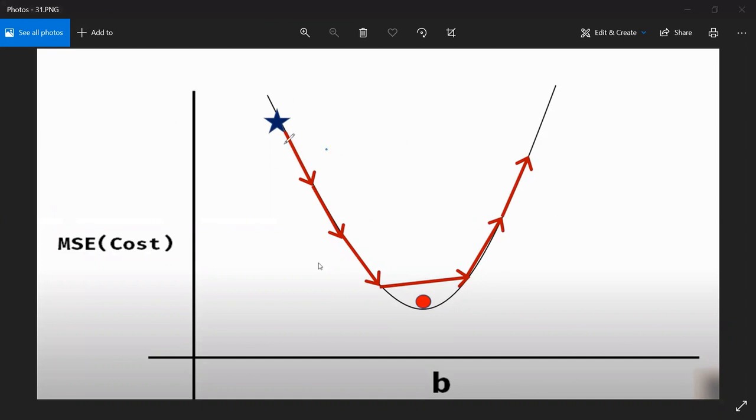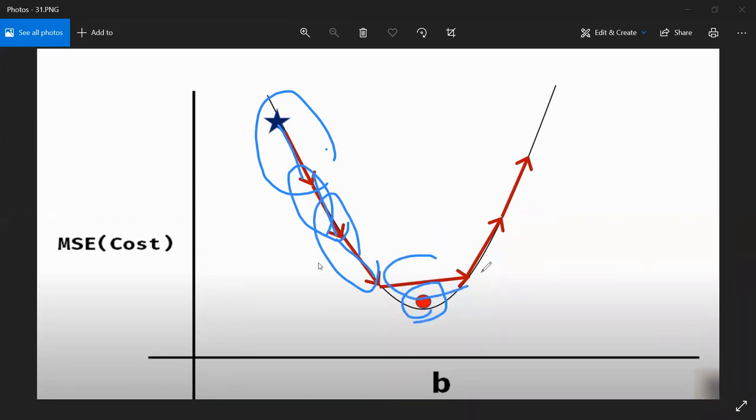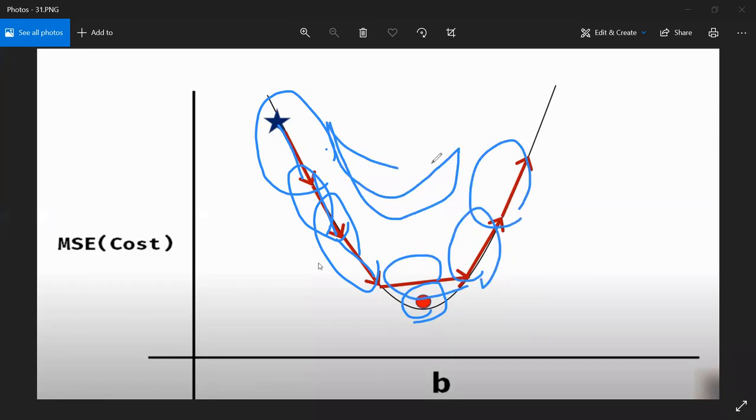See this: one step, the same step, again the same step. The first time you never reach the global minima. It will jump, and again it goes up. With the same step, you need many iterations to reach the global minima, guys.